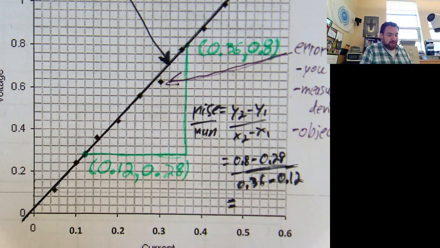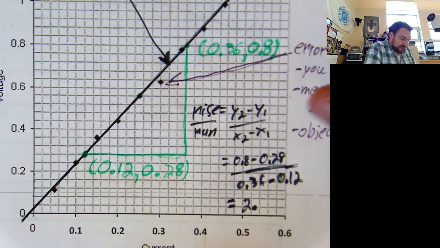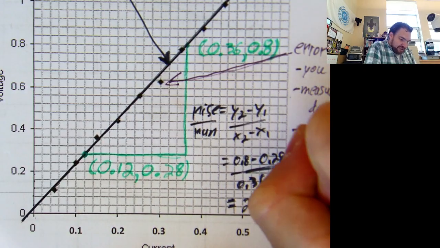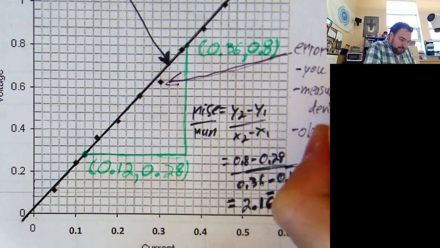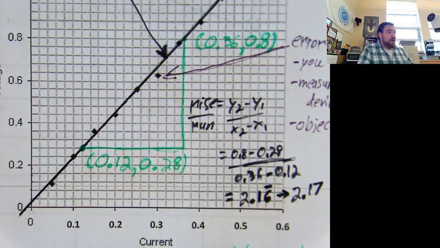That's what my calculator gave me. But if I change that into a decimal, I'm getting 2.16 repeating, which I'm going to round to 2.17. And a year ago, I got 2.18. So close. Very close. 1/100th out. But again, they're different, and that's okay.